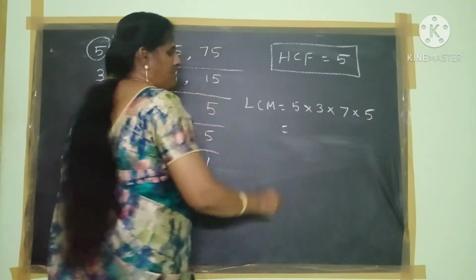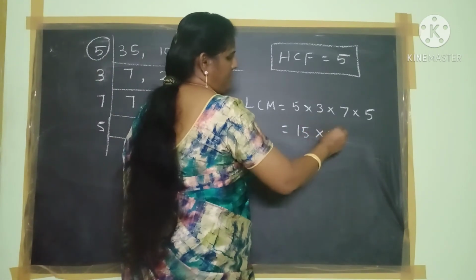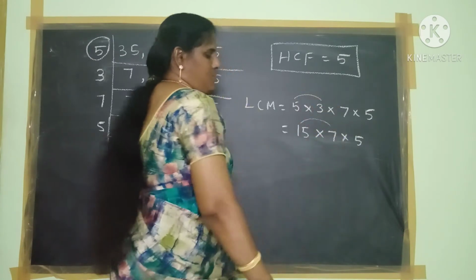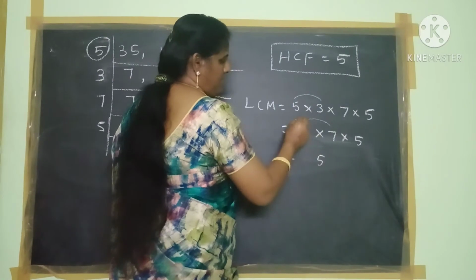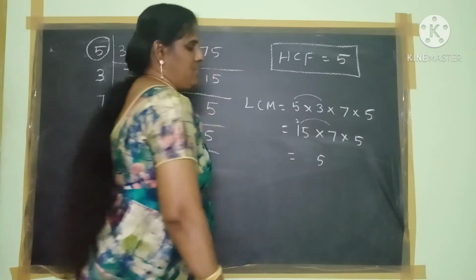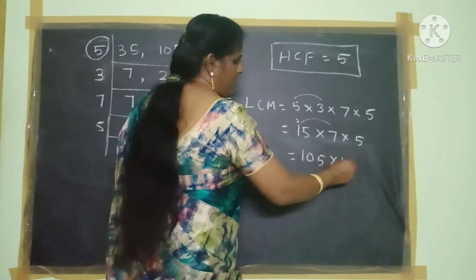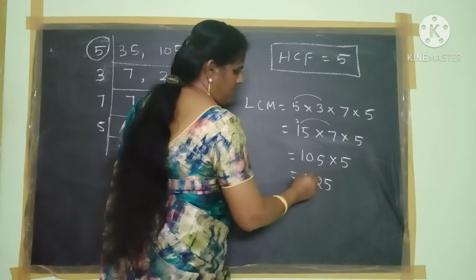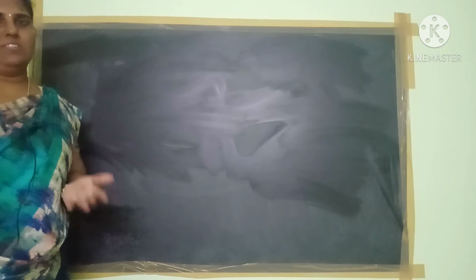So 5 3s are 15. 15 into 7 into 5. Yes, next, 5 7s are 35, carry 3. 1 7 is 7, 7 plus 3 is 10. So 105. 105 into 5, what will come? Yes, 525. So that is the LCM.